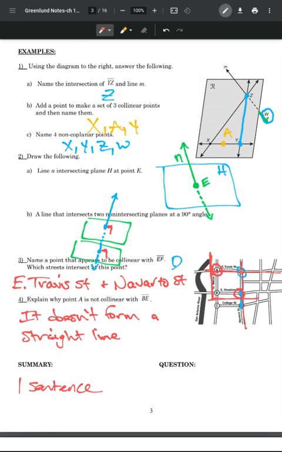And then what we want to do for a question is any questions you might have. Maybe it pertains to vocab, maybe it pertains to drawing some of these pictures, or maybe, like for number 2, the planes are messing you up. So for this one, you want to think of one or more questions.